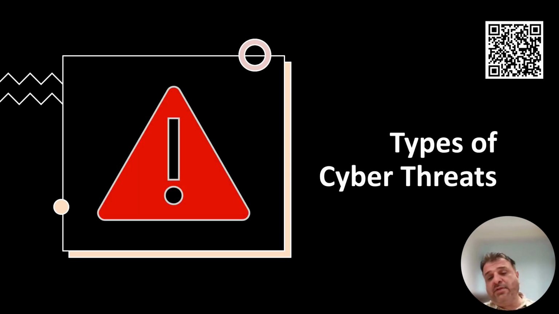Another type of cyber attack is DoS and DDoS attacks. DoS means denial of service, and DDoS is distributed denial of service. These kinds of attacks flood a system with traffic, rendering it unavailable to legitimate users.